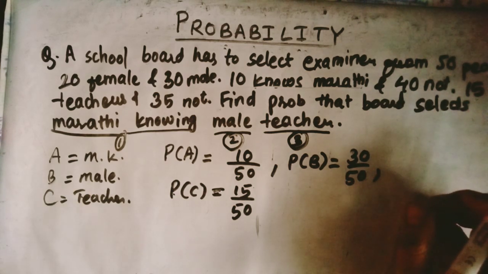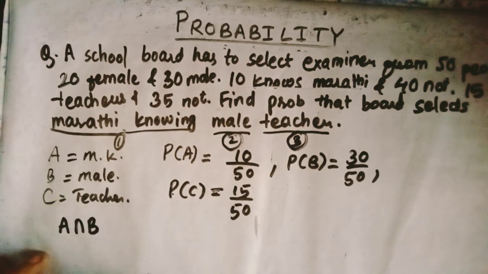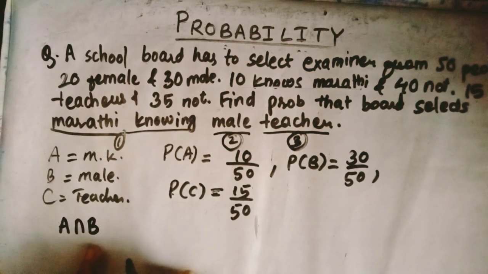Now you have to see whether these are independent or dependent events. So if you take A intersection B, it depends on that. A intersection B means Marathi knowing, and B is male.